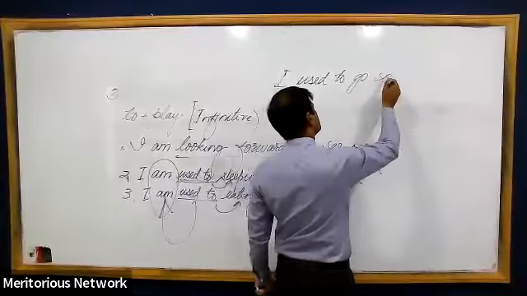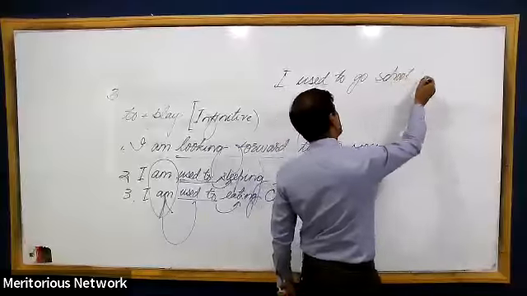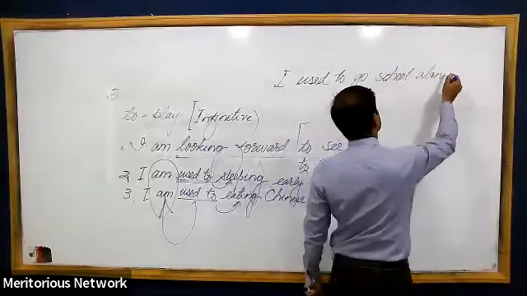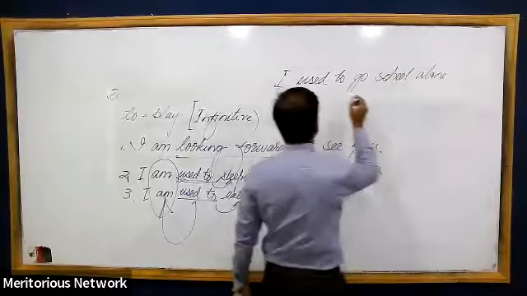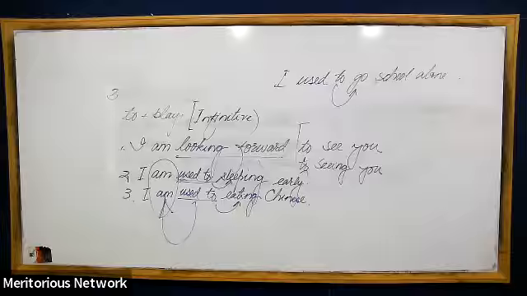I go to school alone when I was young. Now you see the difference with used to. If used to comes with a helping verb, then present participle form. I can also put it in the past: I was used to sleeping alone.